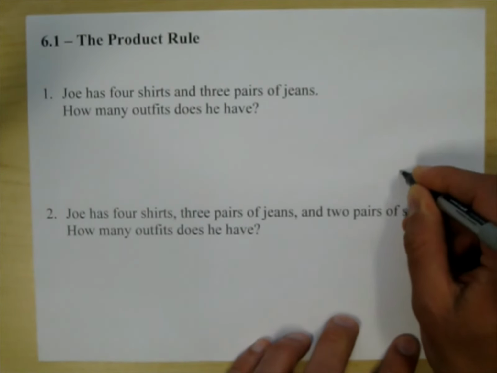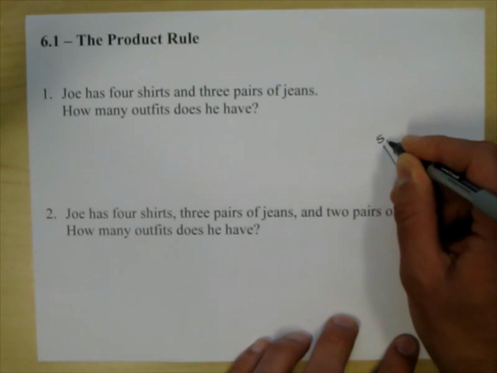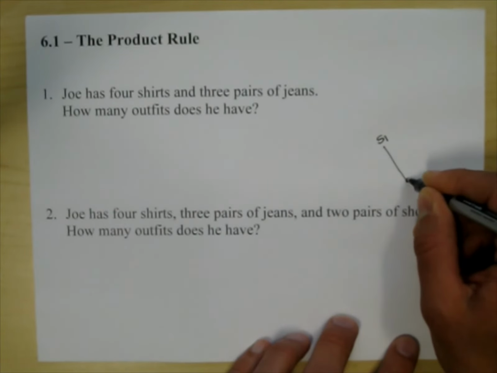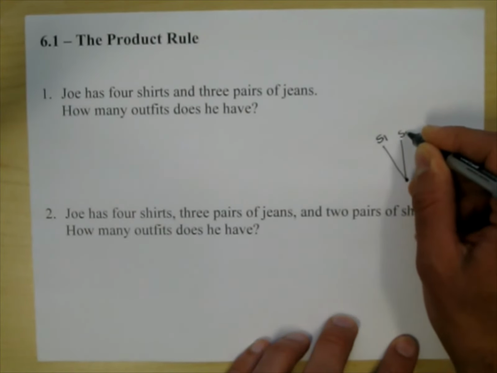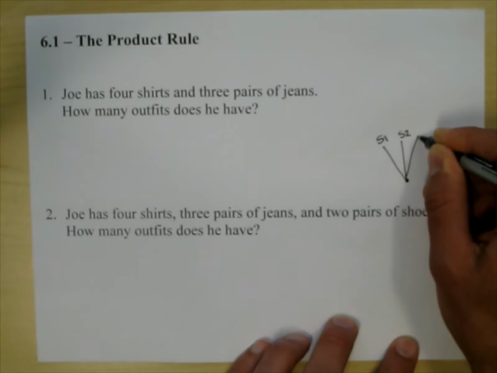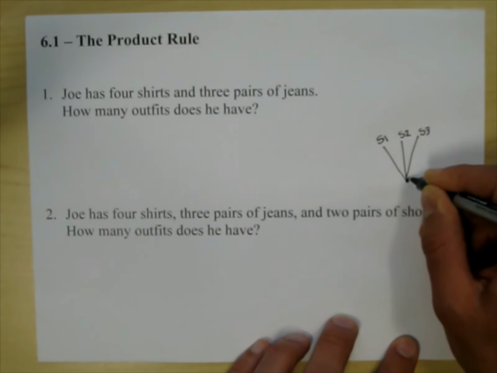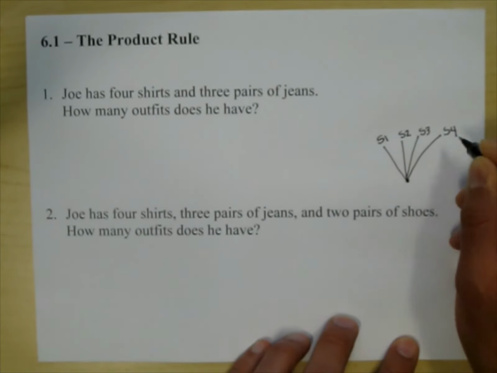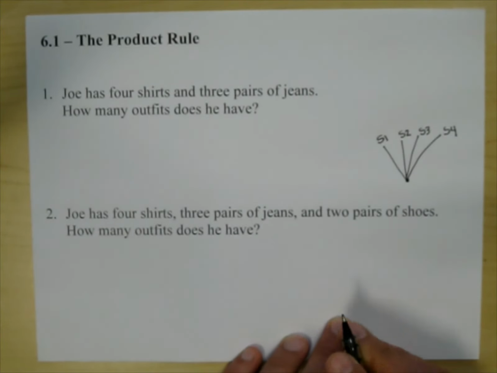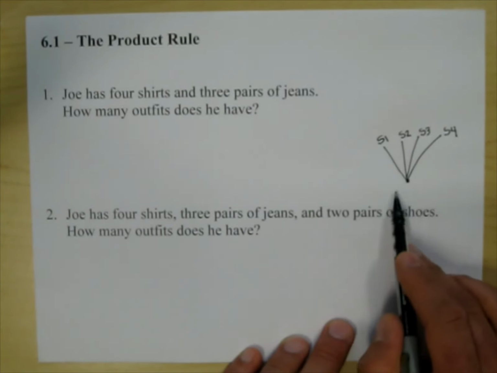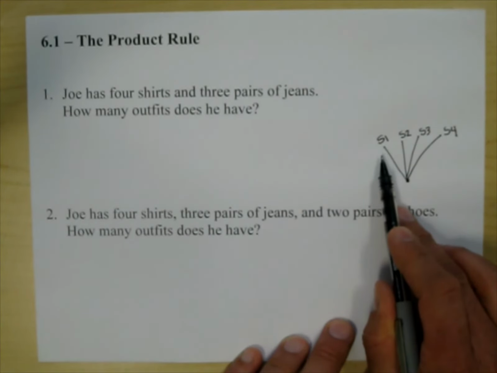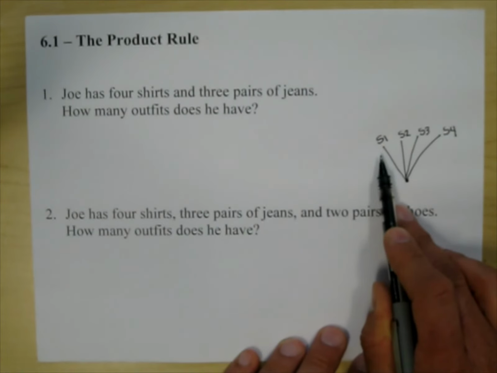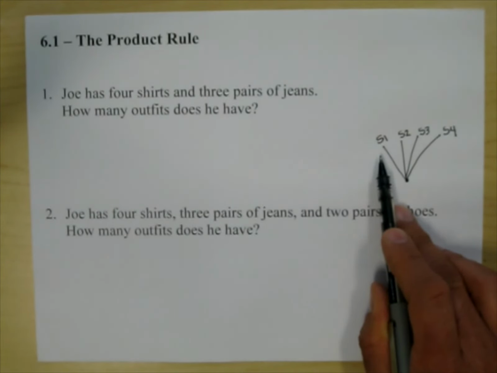So I can go down this path and pick shirt 1 or shirt 2 or shirt 3 or shirt 4. Now, having picked one of the shirts, let's say shirt 1, then I have 3 choices for shirt 1.